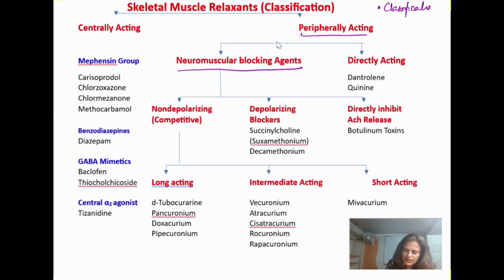classification of the skeletal muscle relaxant, then mechanism of action of peripheral acting neuromuscular blocking agent, that is both non-depolarizing and depolarizing.